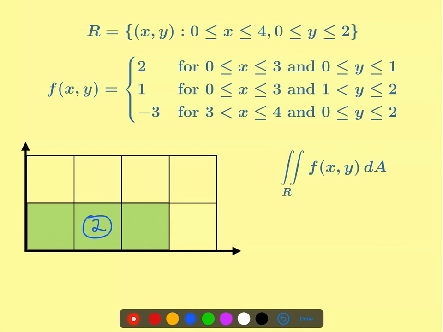And for x between 0 and 3 still, but now y between 1 and 2, so these three squares here, the value of the function is 1. And finally, when x is between 3 and 4, so right here, and y is between 0 and 2, so that's giving both of these squares, the value of the function is negative 3.